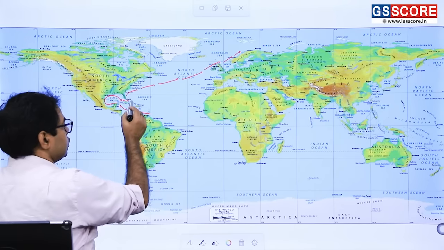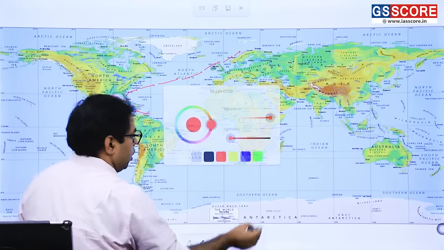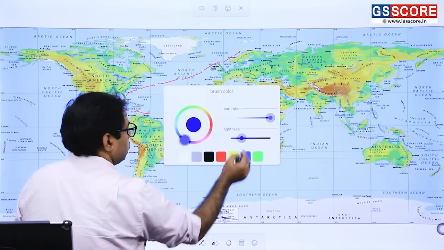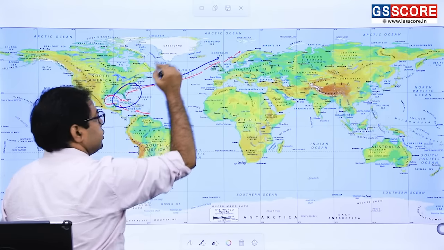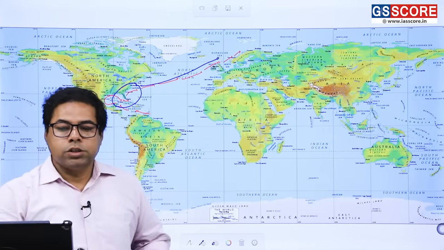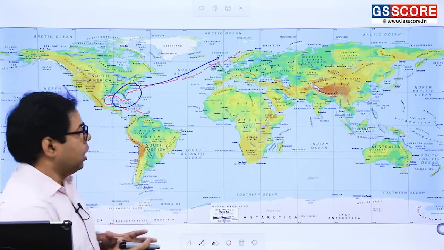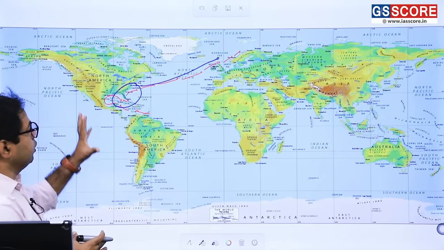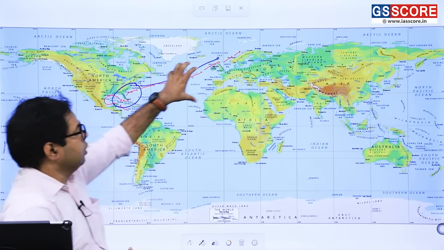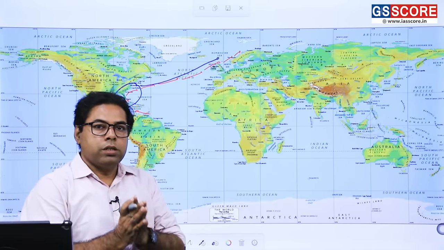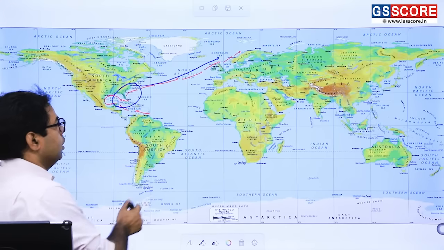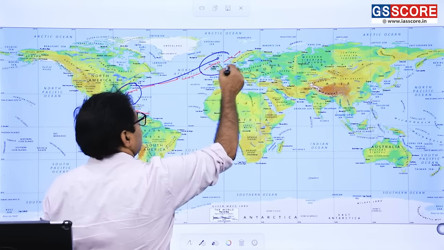This huge volume of water is displaced from the tropical oceans to the temperate zones. In this way, ocean currents are responsible for transferring heat from the tropical areas to the temperate areas, increasing the temperature of the oceans.